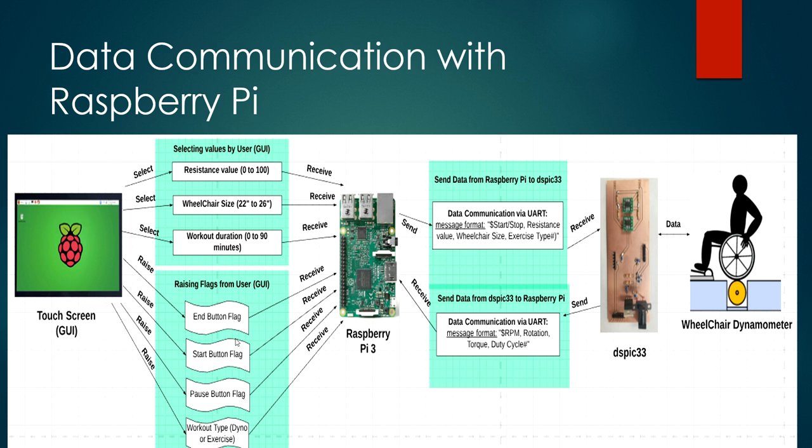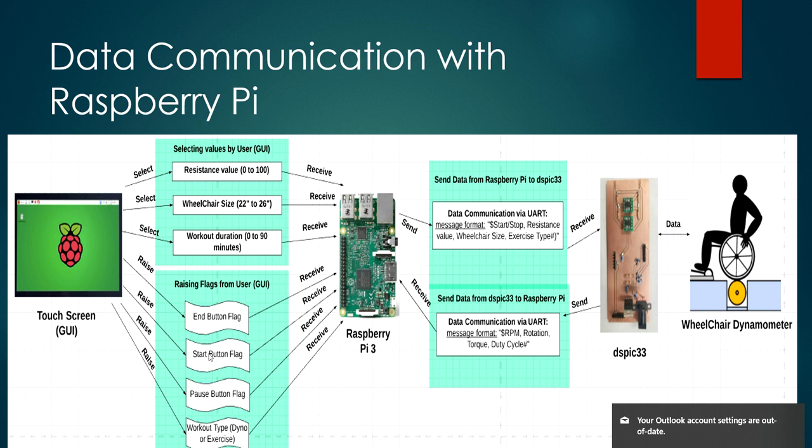So we have two workout types, and also the user can change the resistance value from 0 up to 100. The wheelchair size, which is the wheelchair diameter, can go from 22 up to 26, and then the user can also select the workout duration.